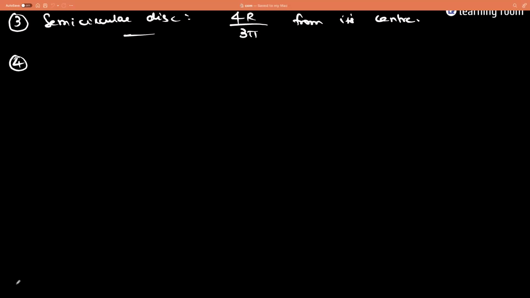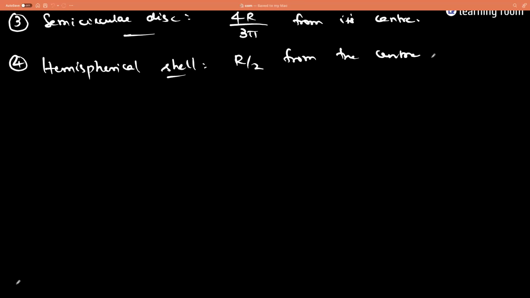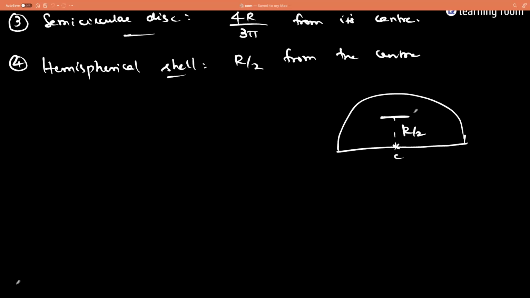Fourth one, hemispherical shell. When you talk about the hemispherical shell, it is at a distance of r by 2 from the center. So if I take a hemispherical shell, from the center it is at a height of r by 2.